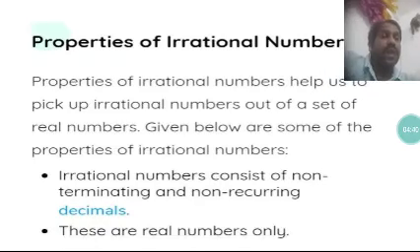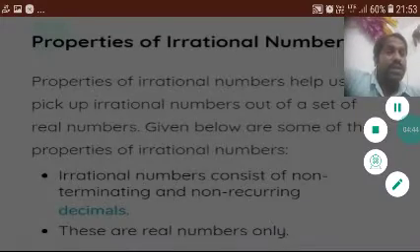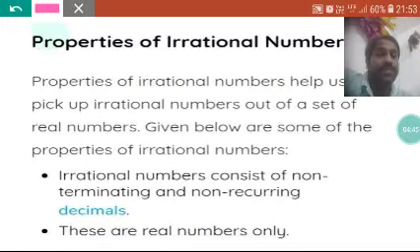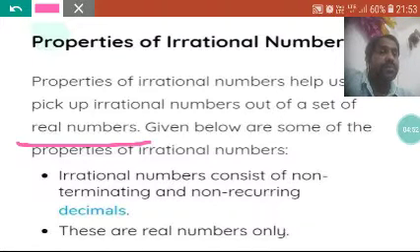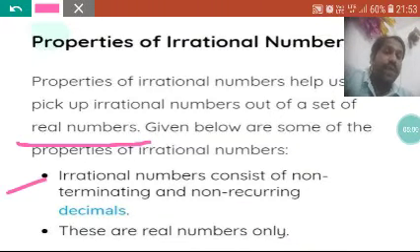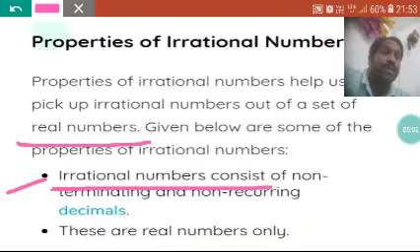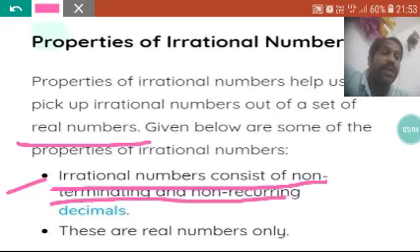Now we have some properties of irrational numbers. What are the properties? One thing is very clear: an irrational number is a real number, a part of the real numbers. The first property is that irrational numbers consist of non-terminating and non-recurring decimals.